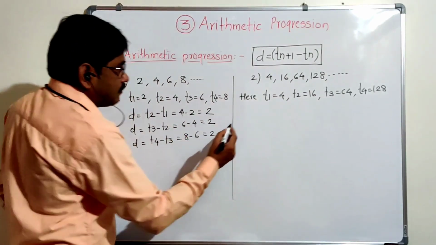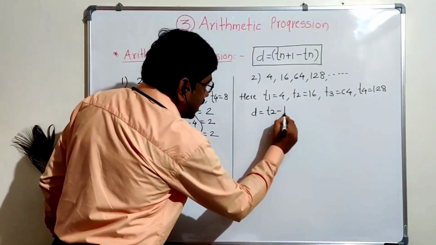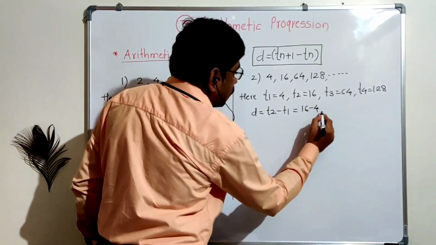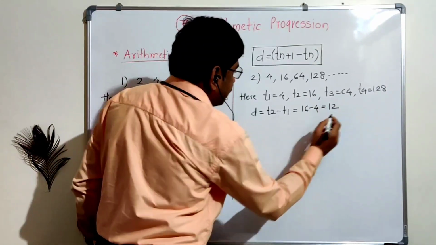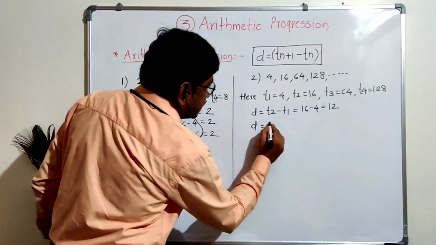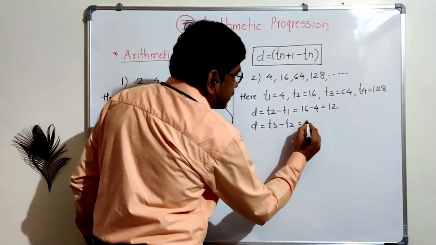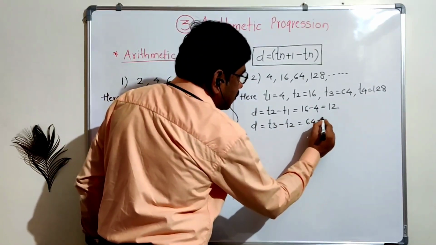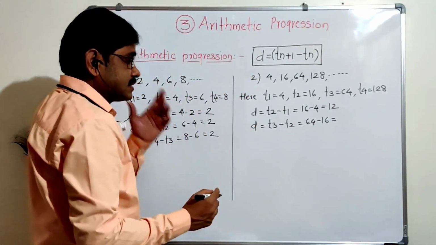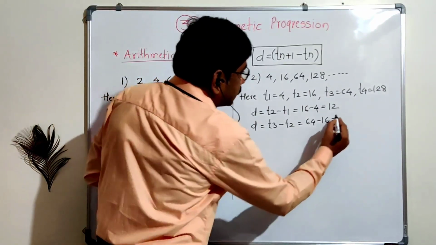And here we find the common difference. D is equal to T2 minus T1, which is 16 minus 4, equal to 12. Second difference, D is equal to T3 minus T2, we get 64 minus 16, which is 48.